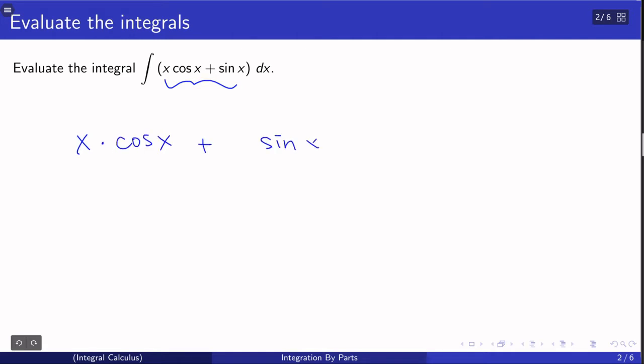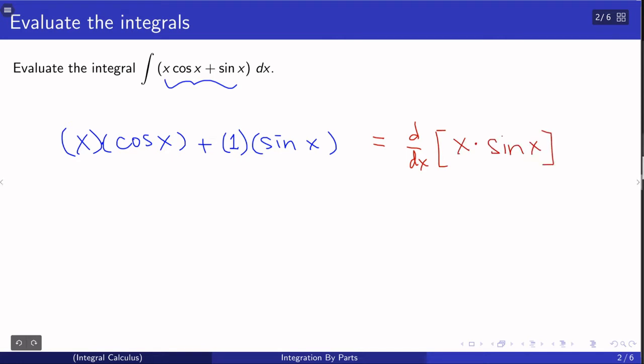looks kind of suspicious to me, in the sense that if I put a 1 here beside sine x, this should remind you of something you've seen in differential calculus. Do you remember what it is? This is actually the derivative of the product of x and sine x.